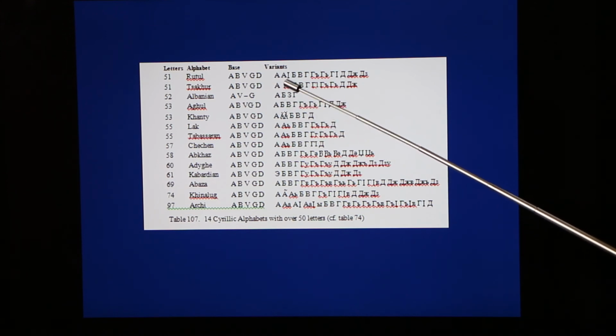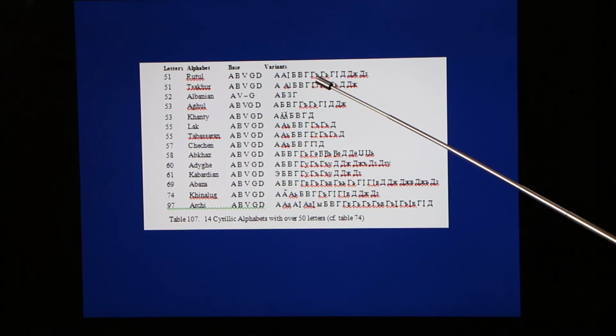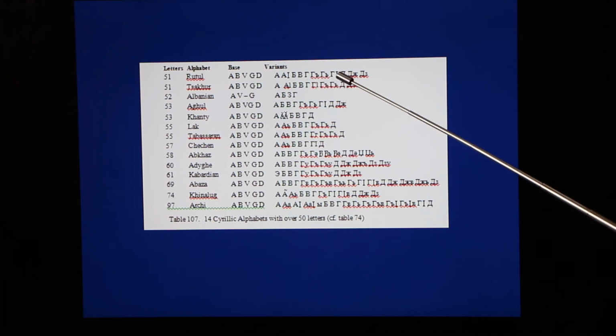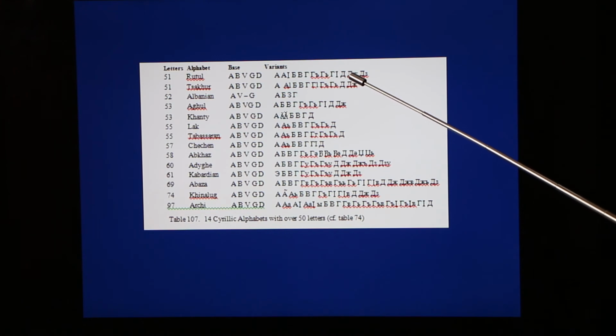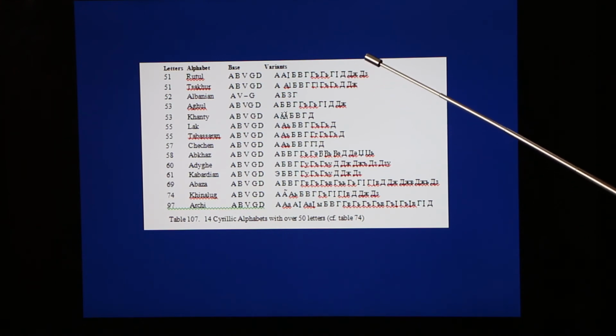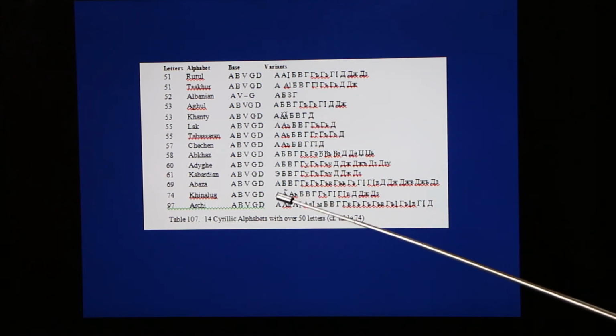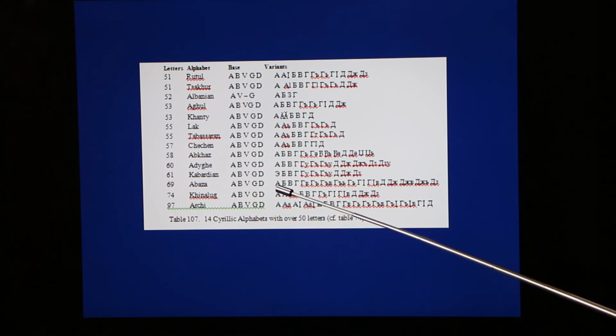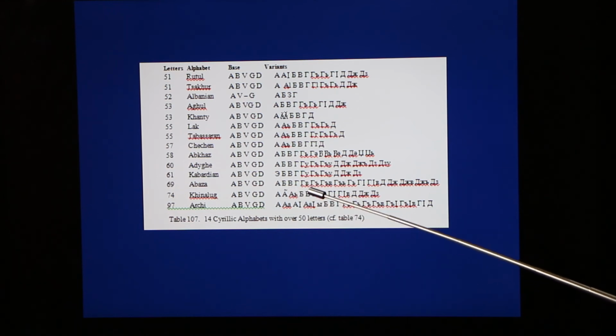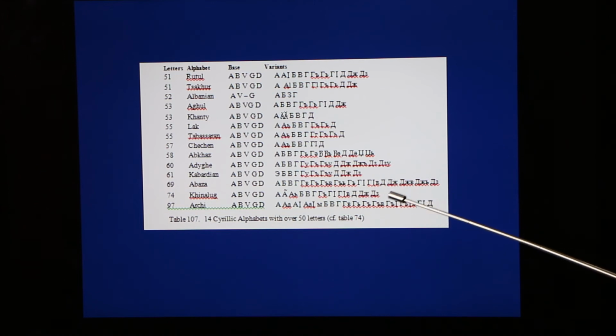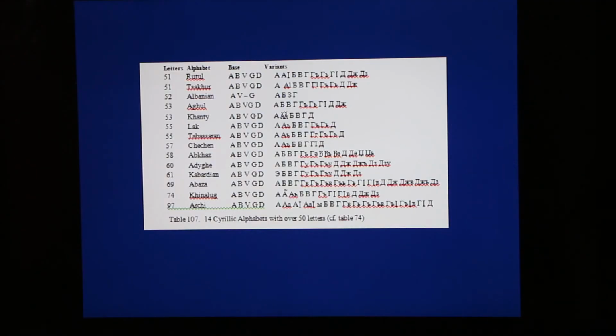But now look at the difference. Here I have two A's, two B's, 1, 2, 3, 4 G's, then two D's, no, and then three D's, yes? Here I just have A, B, G, D. But if I go down here, I have one A, two B's, a whole series of G's, and then D's, and so on. So the same basic sequence, but the number of letters within that is as if I was doing your Aryabhata syllable.